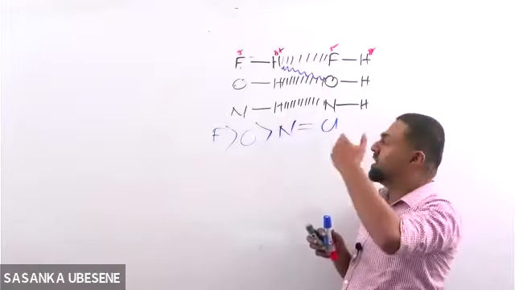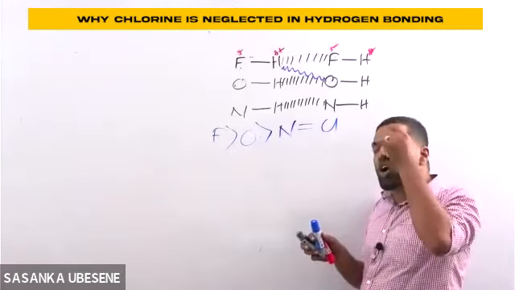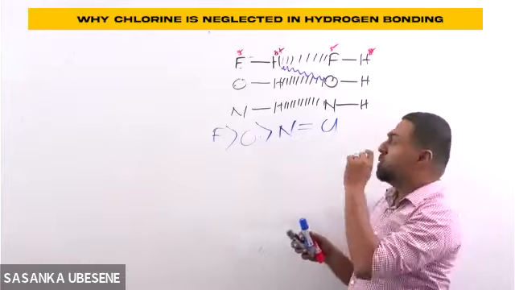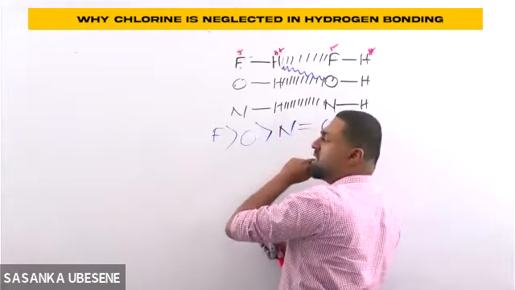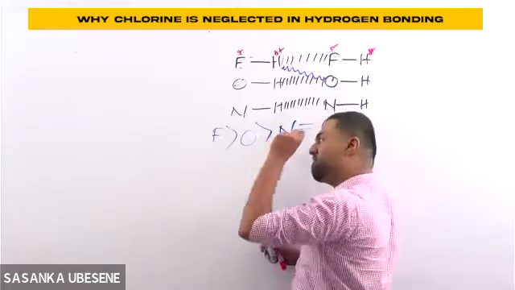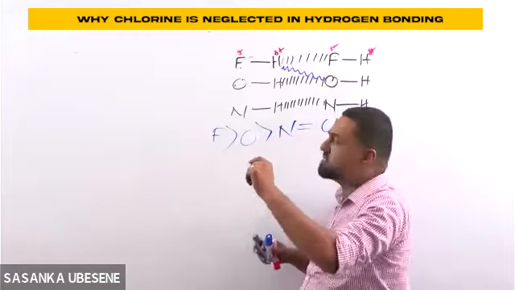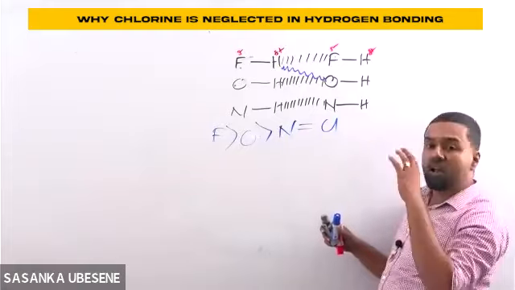So my point is, why is chlorine ignored in hydrogen bonding? Because fluorine, oxygen and nitrogen are period 2 elements, and chlorine is a period 3 element, and it is larger.